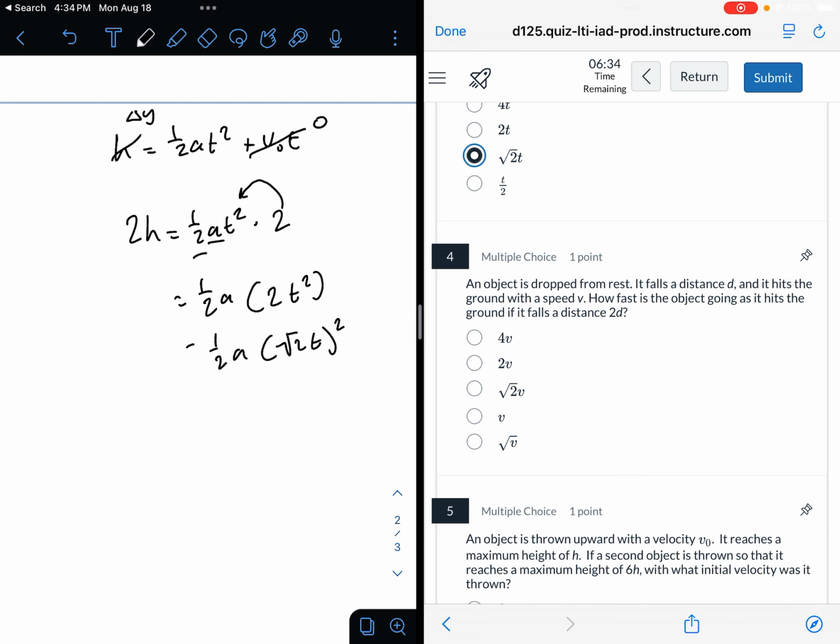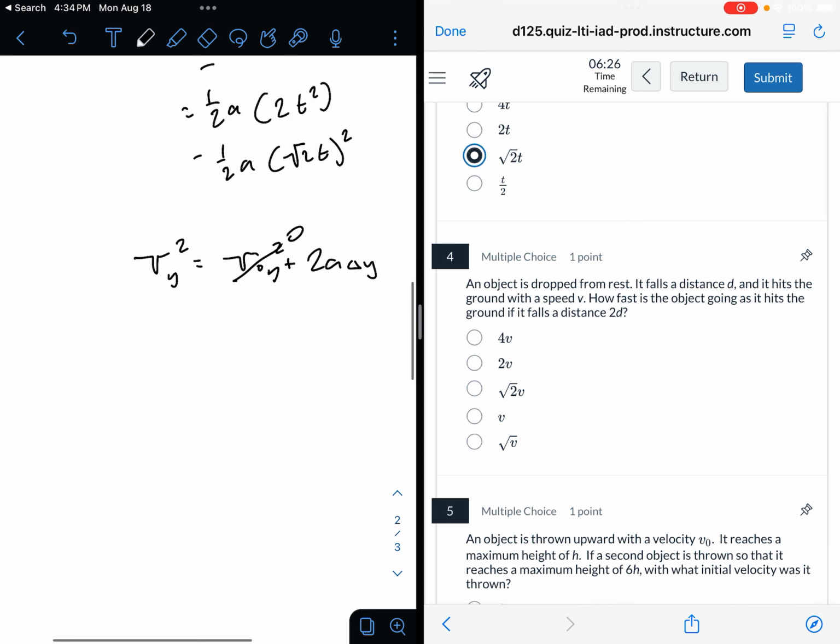It's going to be the classic v squared equals v initial squared plus 2a change in y. And I can put little y subscripts. This is going to be 0. So vy squared is going to equal 2a change in y. The change in y doubles if I'm doubling the distance. So if the right-hand side got greater by a factor of 2, so does the left-hand side.